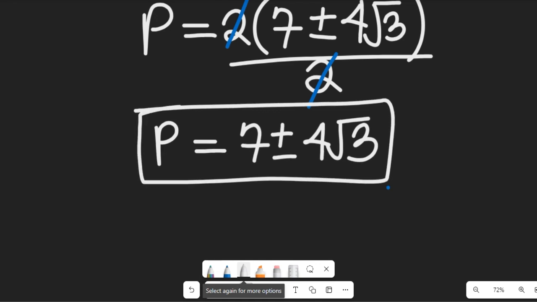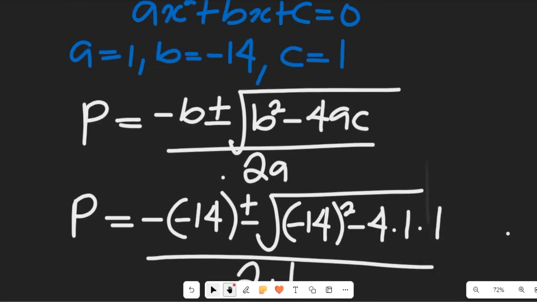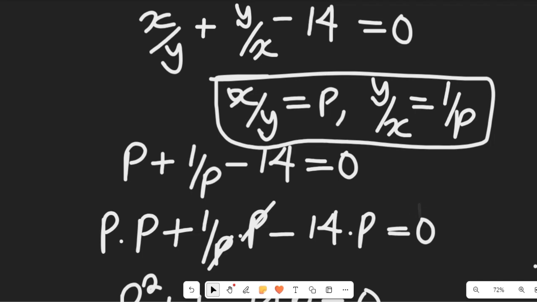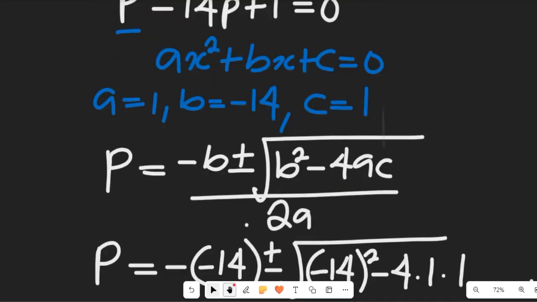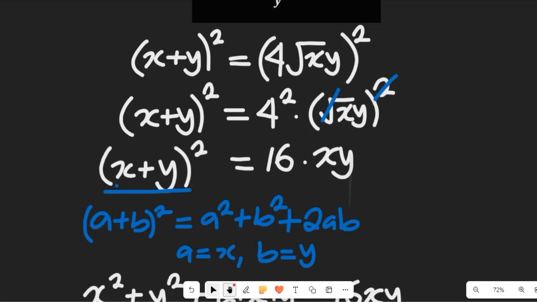Now recall that from our initial expression, we said the value of x divided by y is equal to p. And remember, we are asked to find the value of x divided by y.